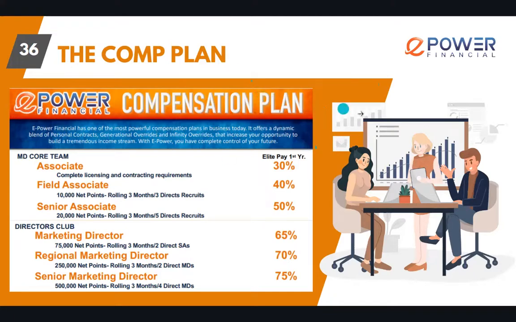Okay, and I'm sure a lot of you haven't really dissected the comp plan, and I don't blame you because everybody's busy with these non-licensed products. But this is a very powerful comp plan, and from my perspective, we're even skipping this 30, 40, 50.